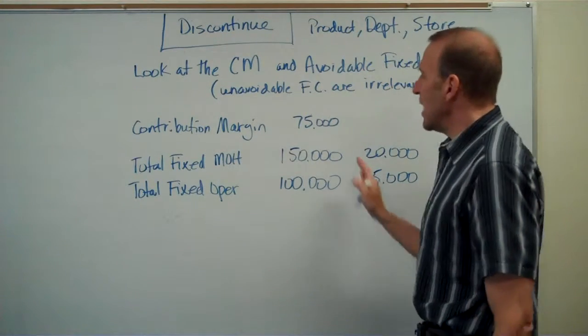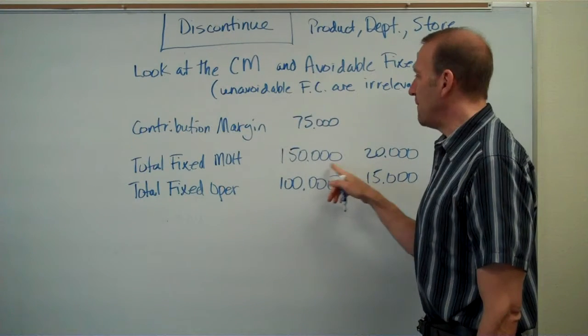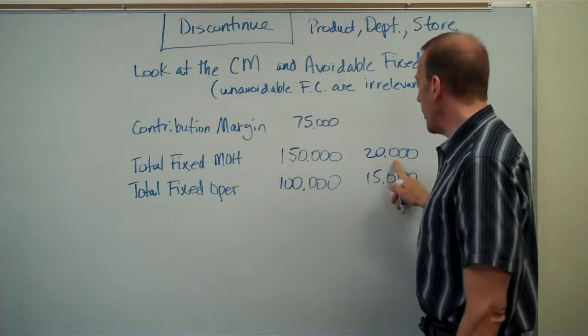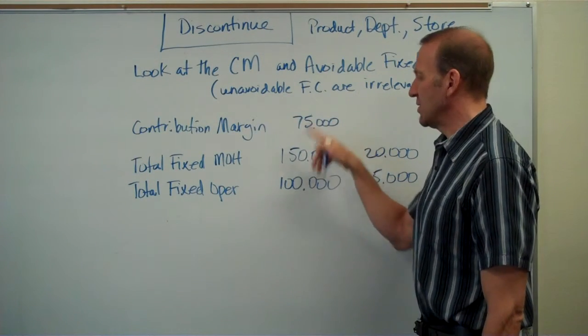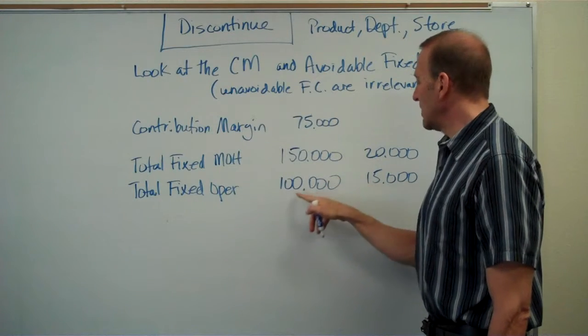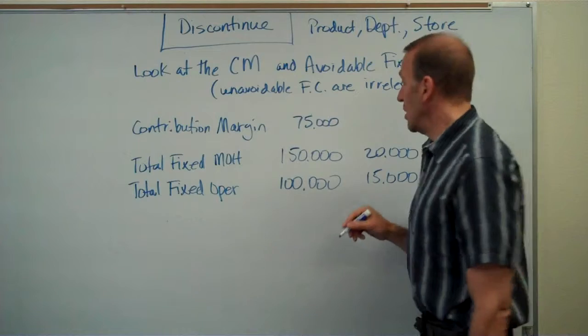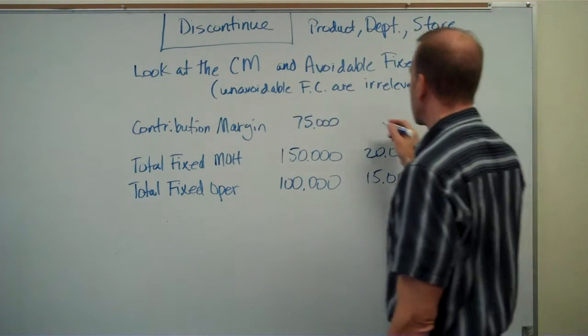So if we were to get rid of this mattress line, our fixed manufacturing overhead would only drop by $20,000, and we would still have $130,000. And of the $100,000, we'd only be able to avoid $15,000, so we would still have $85,000. So in reality, these are the important costs, the avoidable fixed costs.